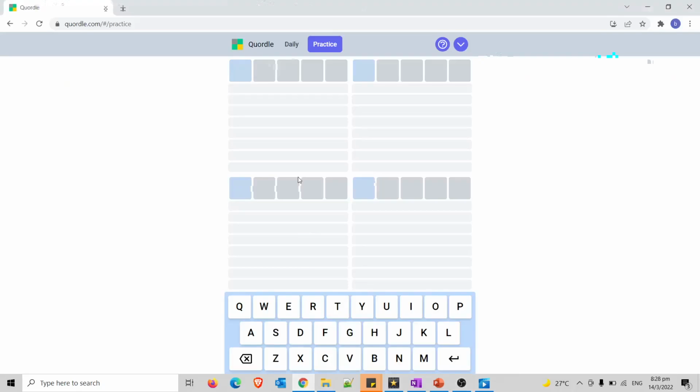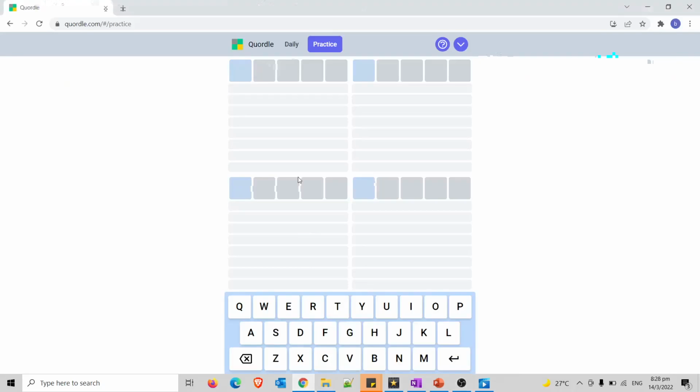So let's guess for the second one where we got five letters. So U is at the correct place. H, I, D, and M at incorrect spot. So it's humid. Okay, here we have got I and N at correct spot.